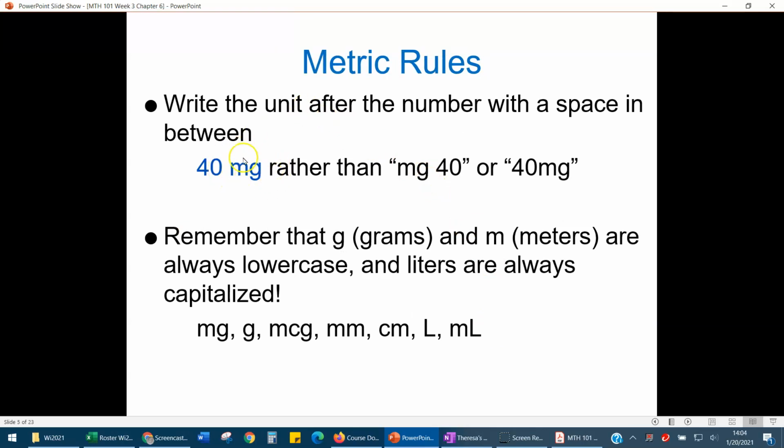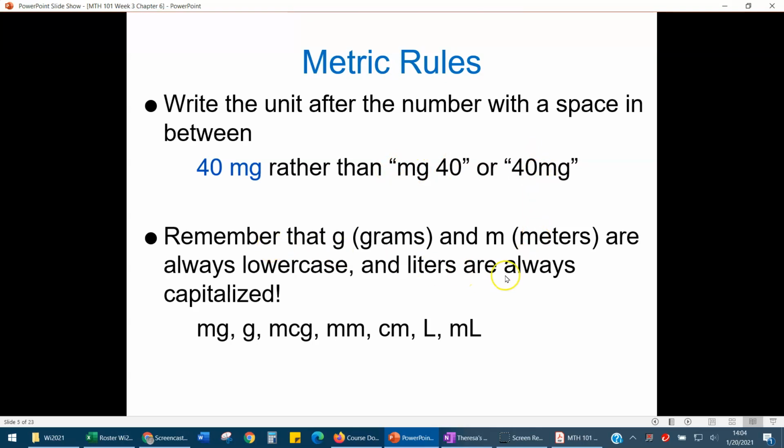The metric unit or label or abbreviation, whatever you want to call it, comes after the number, not before. And there's always one space between the number and the label. So you would write 40 space milligram rather than putting the milligram in front or not leaving a space.